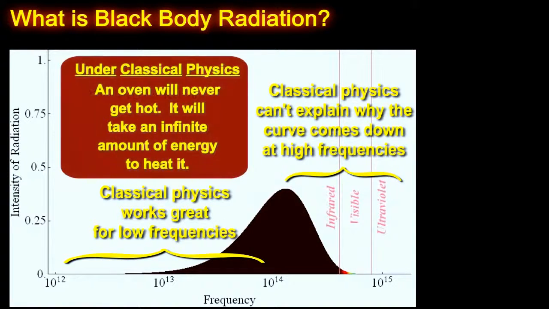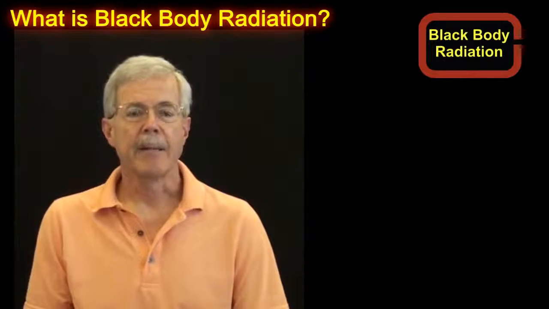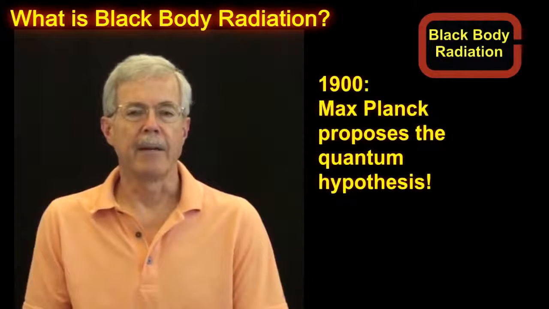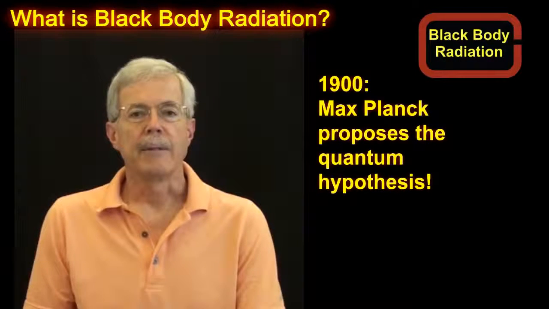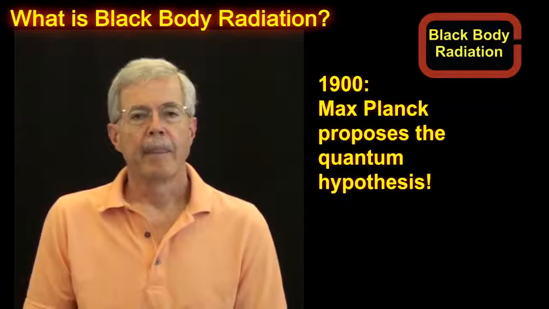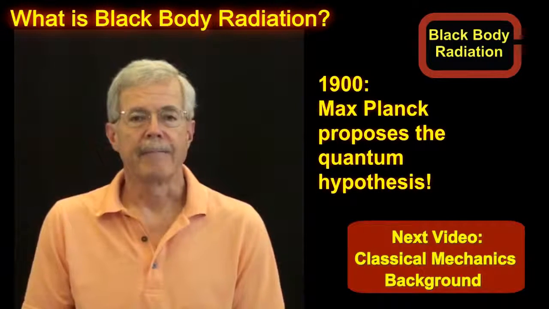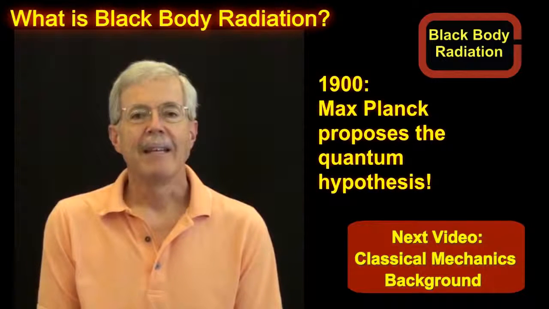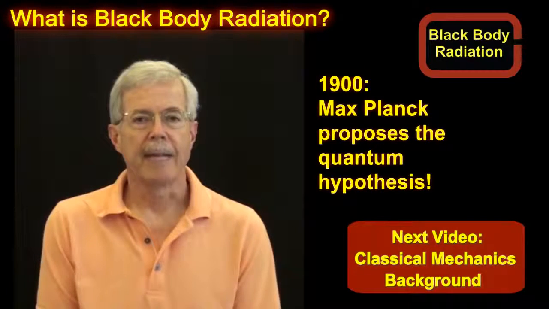Said in practical terms, classical physics could not allow you to bake bread. You would never have enough energy to heat the oven. In 1900, Max Planck proposed a resolution to the paradox with his quantum hypothesis. It was revolutionary back then, but now it's one of the foundations of physics and modern living. In the next video, we begin the story with a review of classical mechanics.